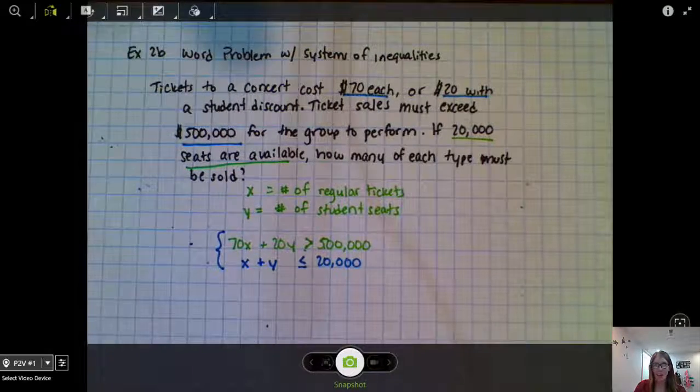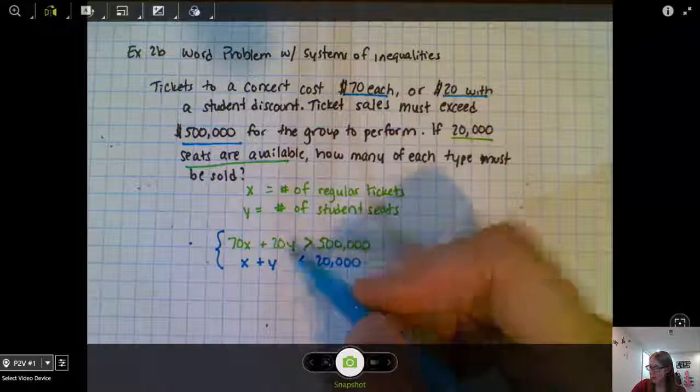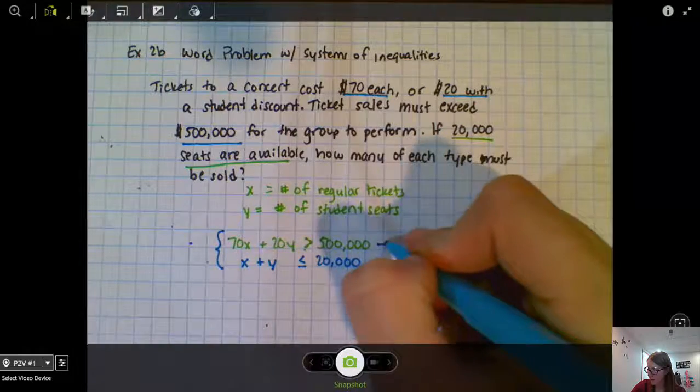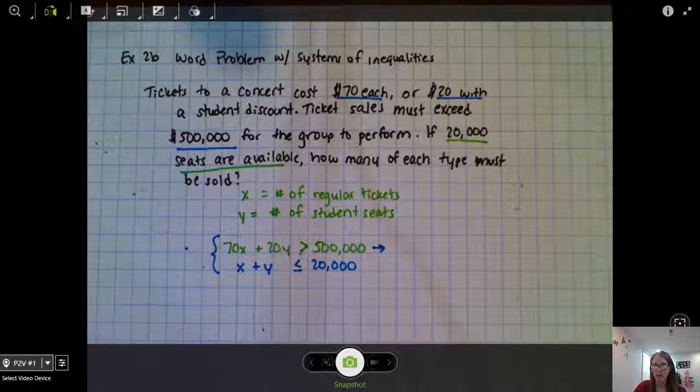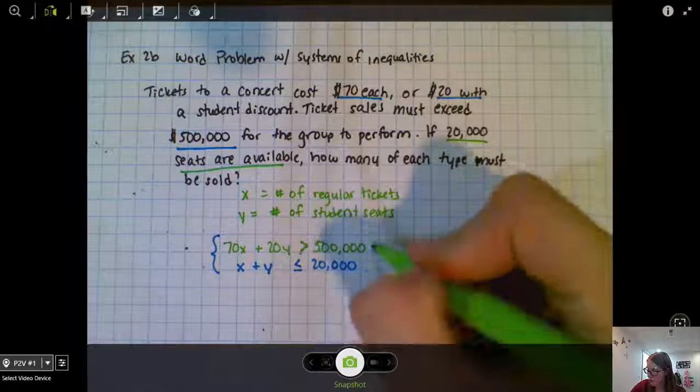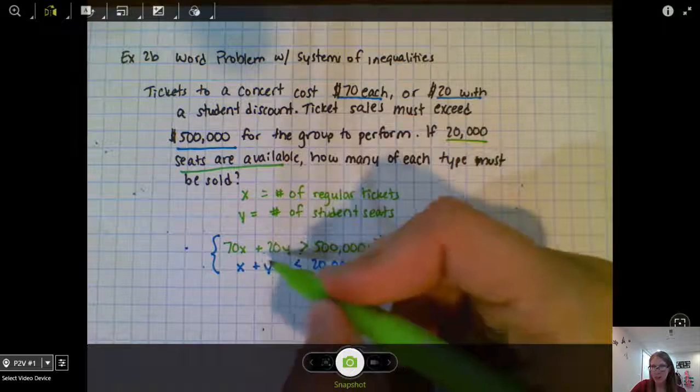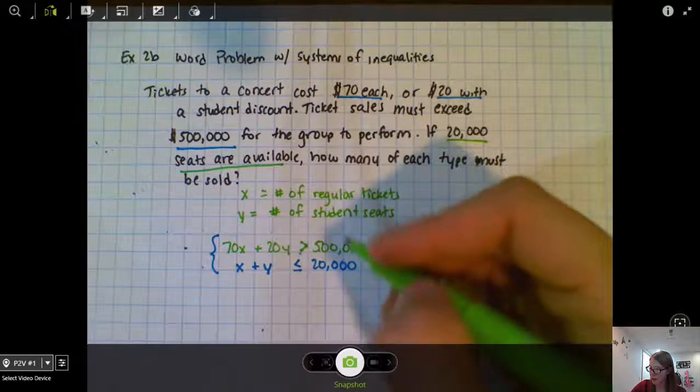All right, let's get Y by itself in both of our inequalities. So first one here, 70x plus 20y is greater than 500,000.